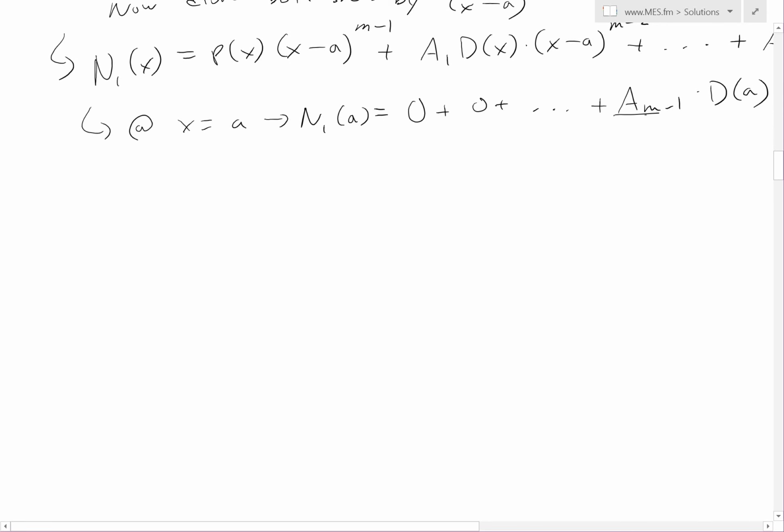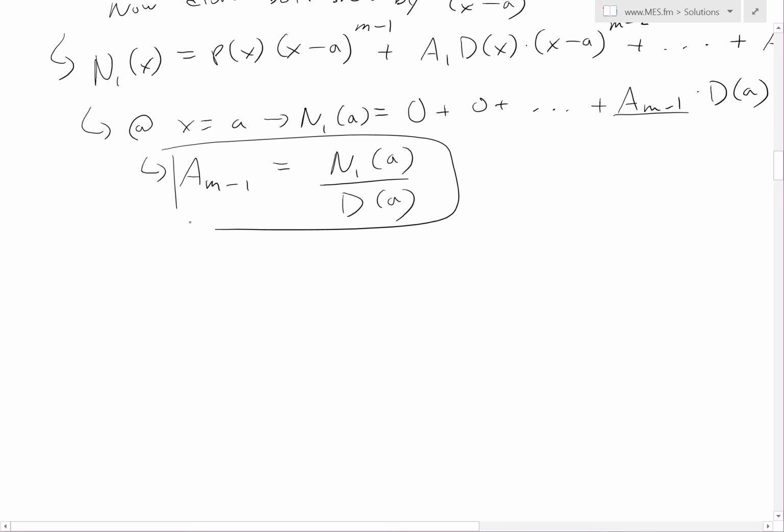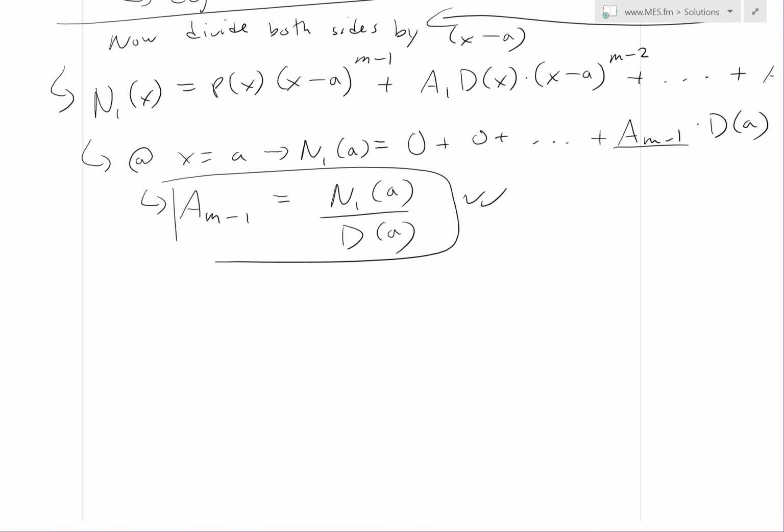So what this means is we've solved this number. So a m minus 1 is equal to, just rearranging, n1 of a divided by d of a. So we've got this number. And now what we can do is keep repeating this.